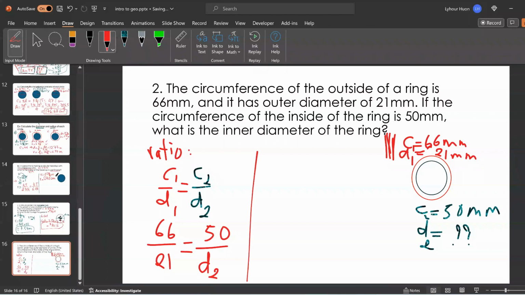How do we find D2? First of all, can we find D2? I think so, yeah. Okay, but how? This is kind of off topic, but this reminds me of the things we used to do with percentages. I forgot what it's called, but it's really similar.